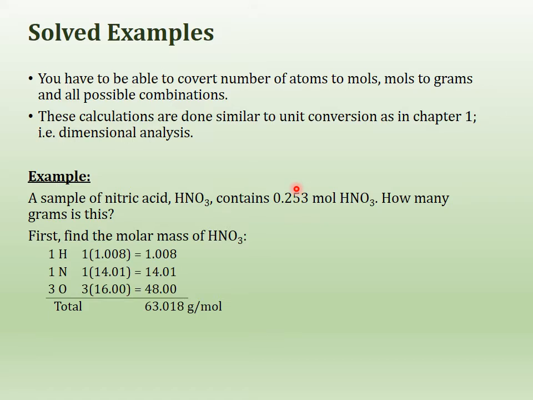What you learned in chapter 1, again, this is just a conversion factor. And so you start with 0.253 moles of nitric acid, multiply that by, you keep the moles down and you keep the grams up because you need to calculate for grams. So 63.02 grams per mole, you do the calculation and you get the answer. Your answer should be 3 significant figures because your initial value was 3 significant figures.